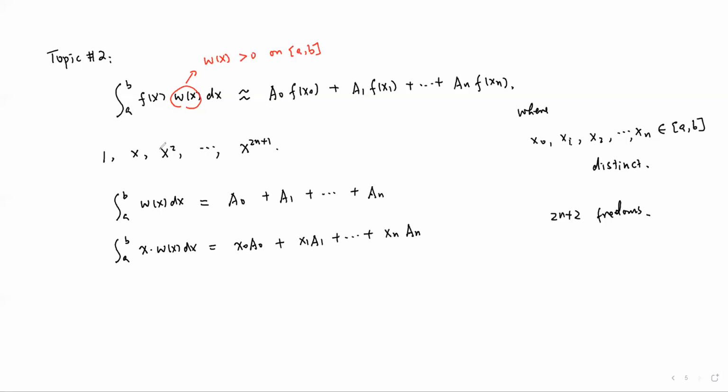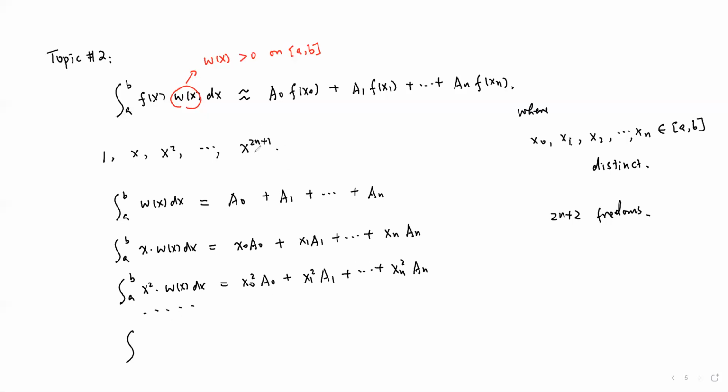All right, now plug in x squared. The first term here is x0 squared times A0, and x0 is unknown. And so on.